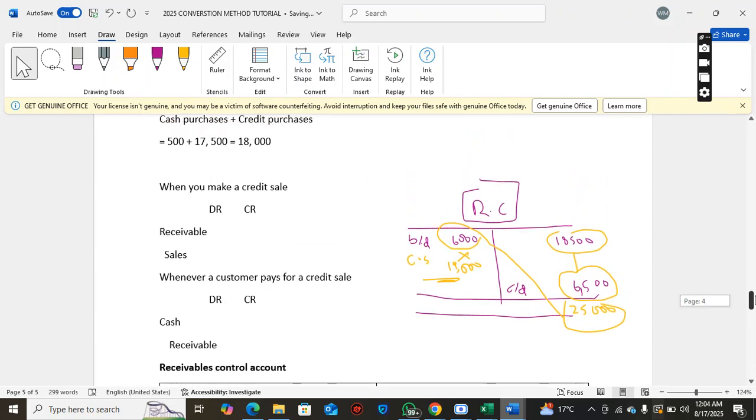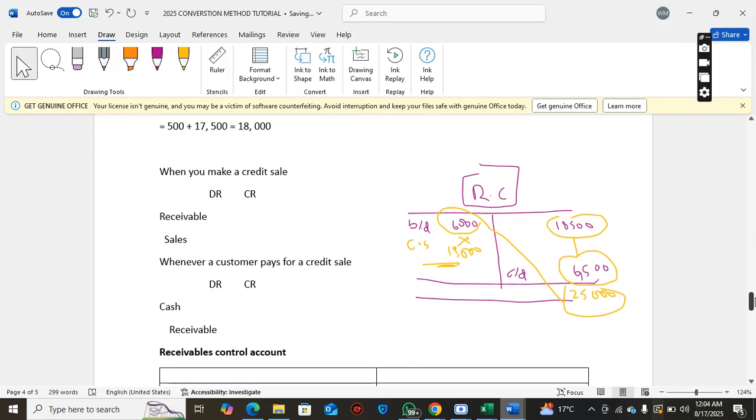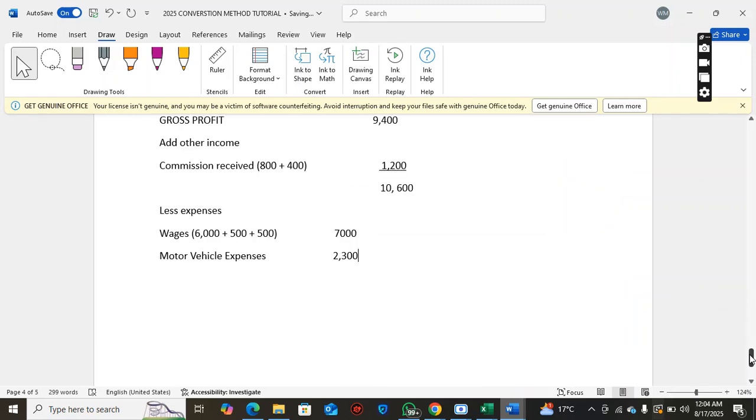Any other expense? Oh wait, this purchases expense was included in the trading account. I'm double counting by doing that. That 500 purchases was included in the purchases total. Remember when we added total purchases?